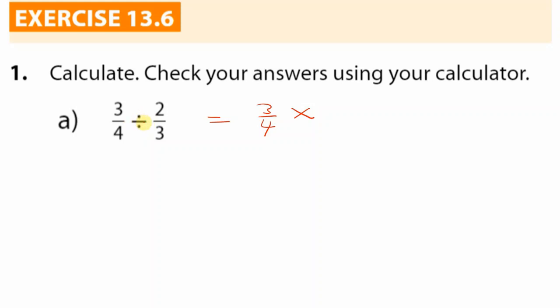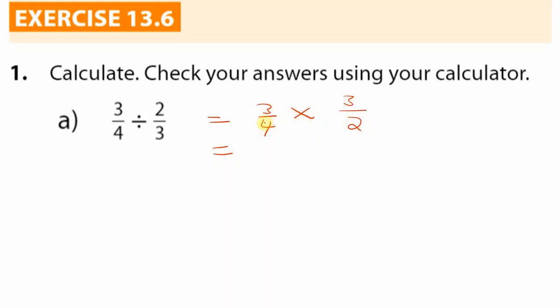We pay a price as soon as we change the sign. So now the 3 goes upstairs, the 2 comes downstairs. And now we are back to normal multiplication. So we can multiply tops, we can multiply bottoms.